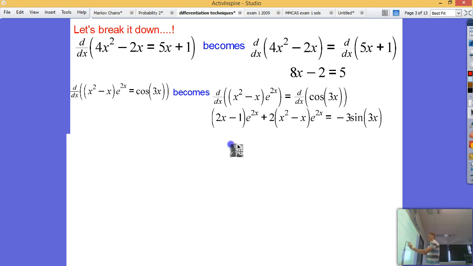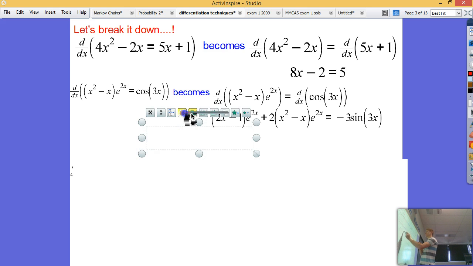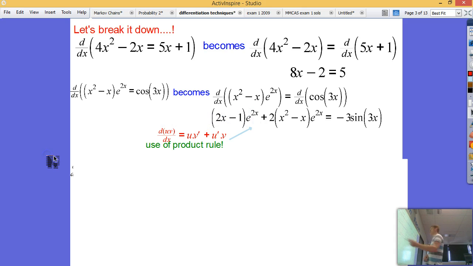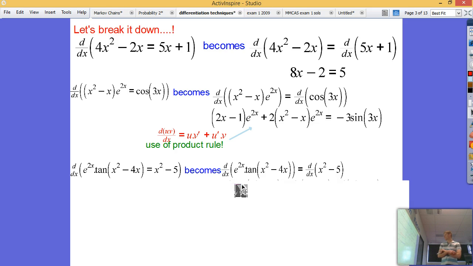Now, do we notice a specific approach we did there? What kind of technique did we do to differentiate that left-hand side expression? That was, in fact, the product rule. So we have to be mindful that we're going to be drawing on those techniques quite regularly. What about this type of expression?